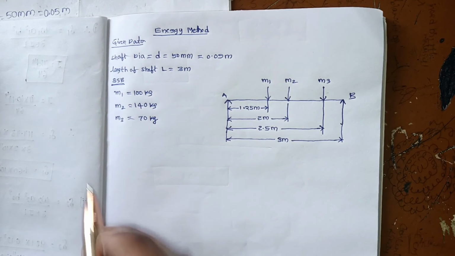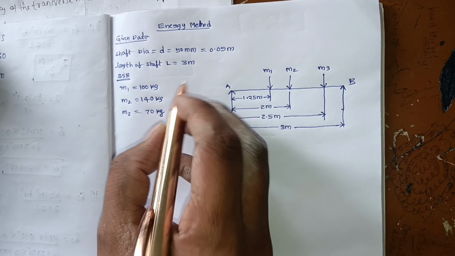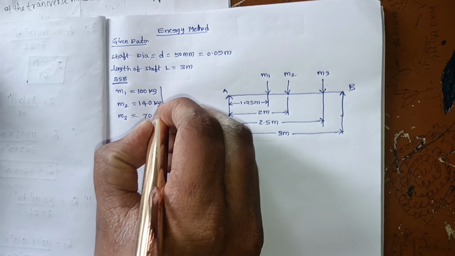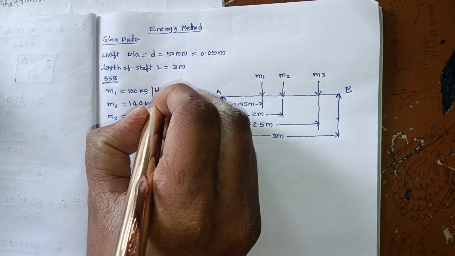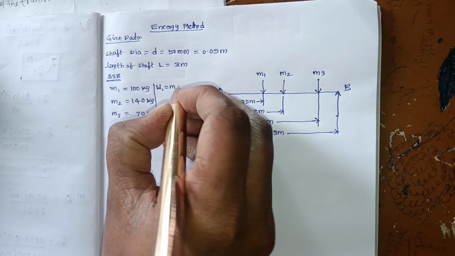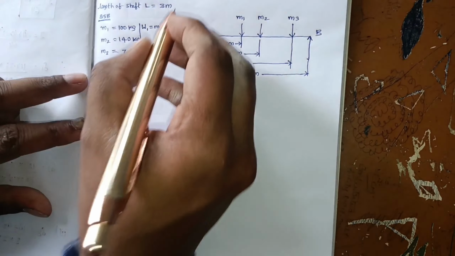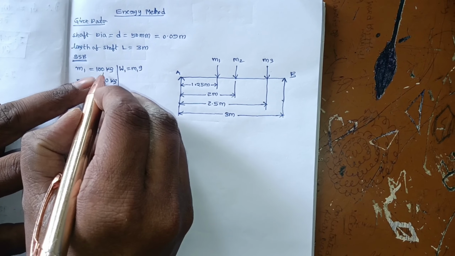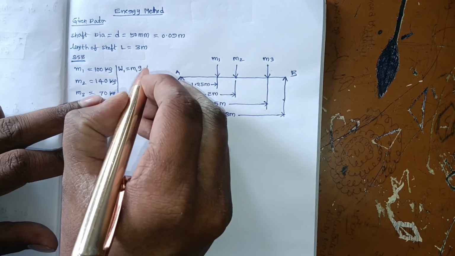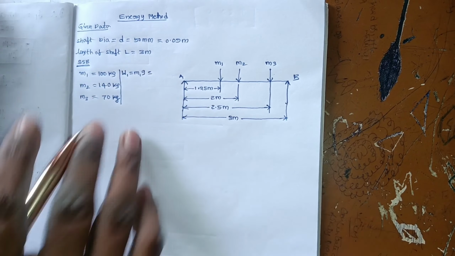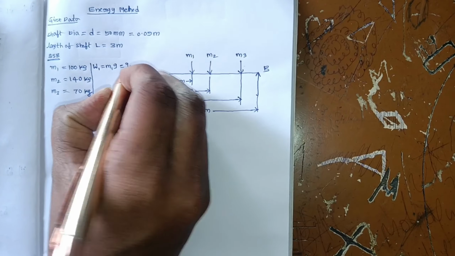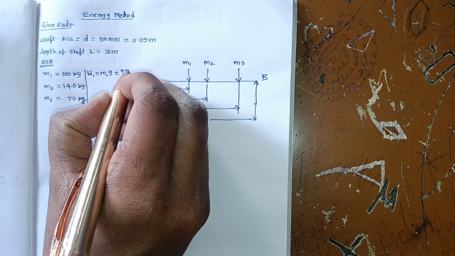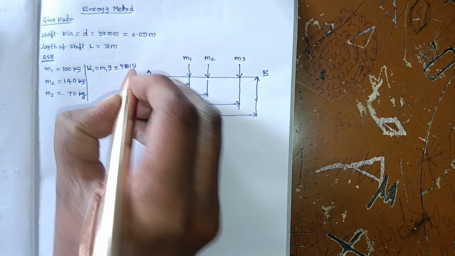Here they are given the mass values already. Based on the mass values you need to find the weight, that is W is equal to mg, basic formula. So W1 is equal to m1g. M1 is 100 and g is 9.81. After multiplying you will get W1 equal to 981 newtons.